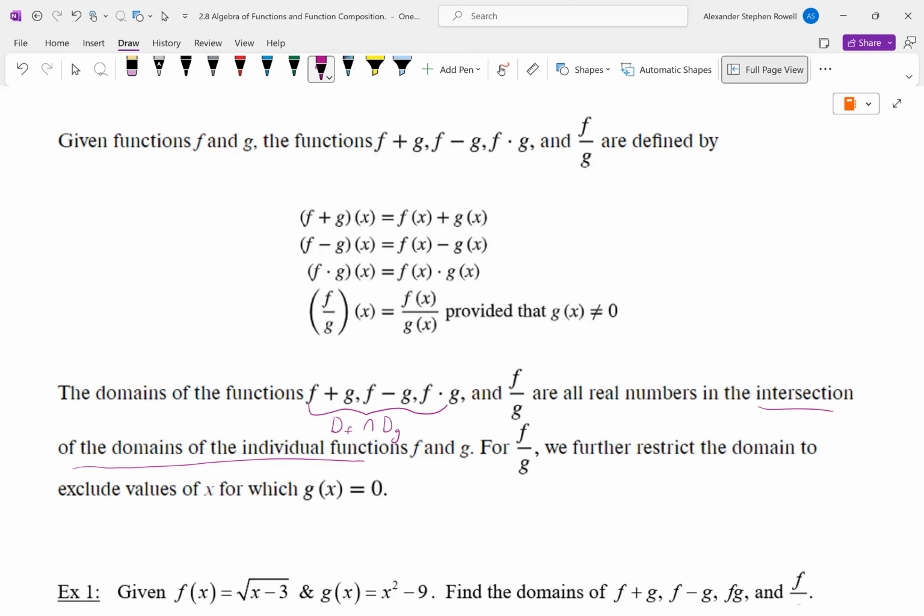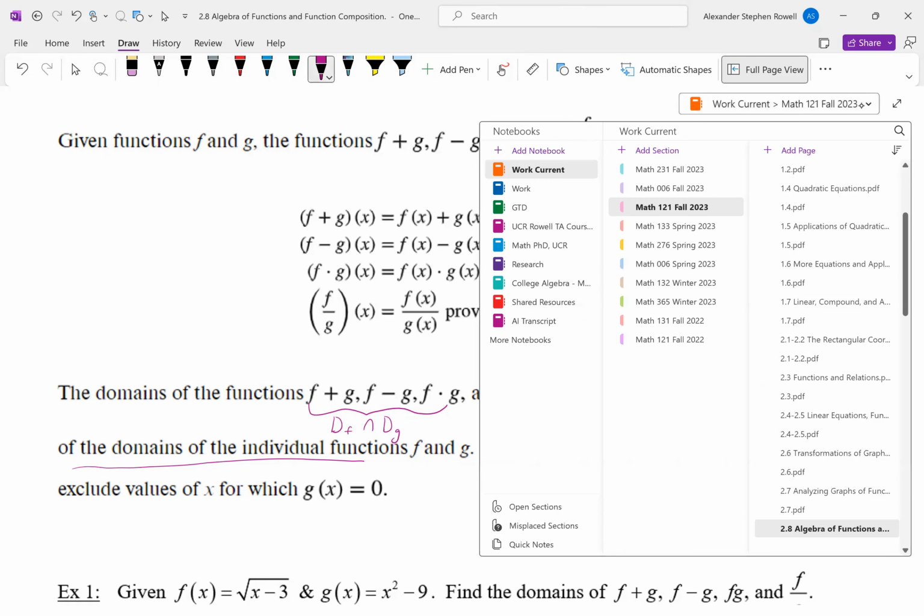You guys recall what intersection means? The intersection of two regions. It means and. So if you have an and between two inequalities, are we talking about the overlapping region or anything in either? I'm going to pull back the notes. This is something you'll want to highlight.